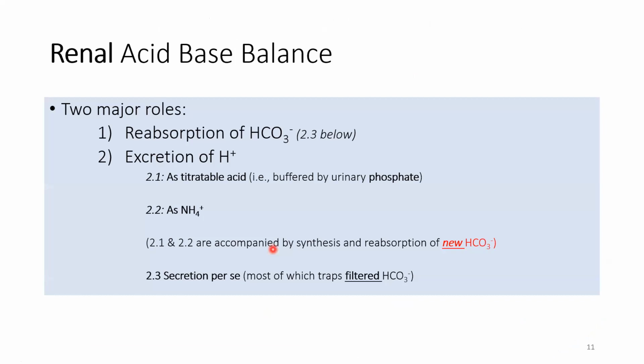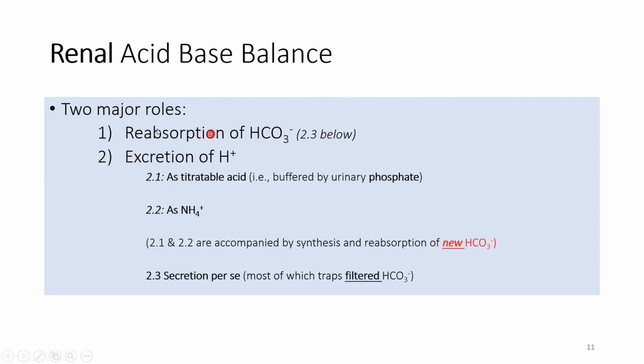Okay, now we'll talk about renal, because this is part of the whole unit. We are discussing kidney, mainly the kidney's acid-base balance. There are two roles that it basically revolves around.